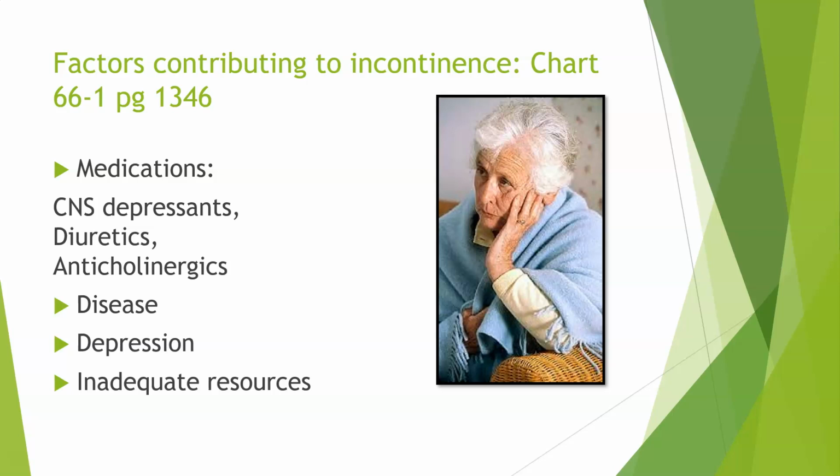We've also already talked about the care of the patient with urinary incontinence, but also look at chart 66-2. It can be very helpful to us in looking at what kinds of problems these patients are having. I do like how it shows here in our assessment and noticing section.